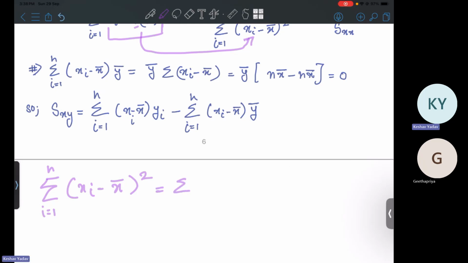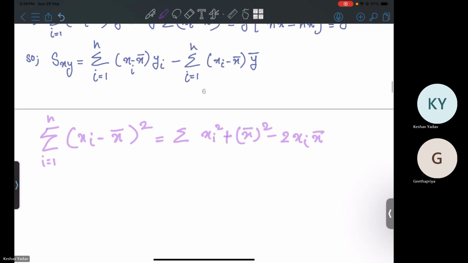So this will be equal to summation of xi square plus x bar square minus 2 xi x bar, where i goes from 1 to n.